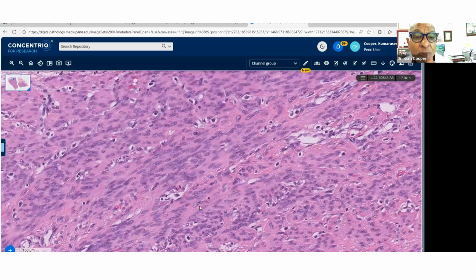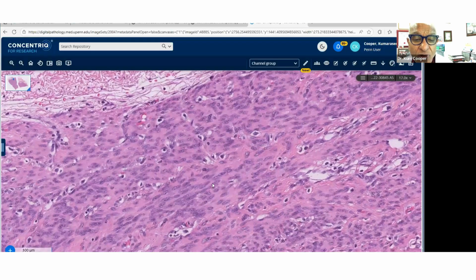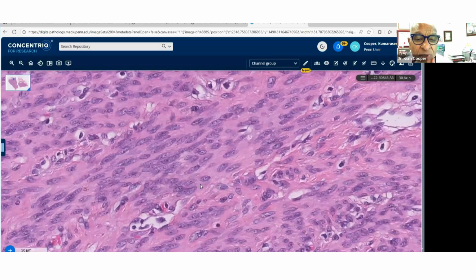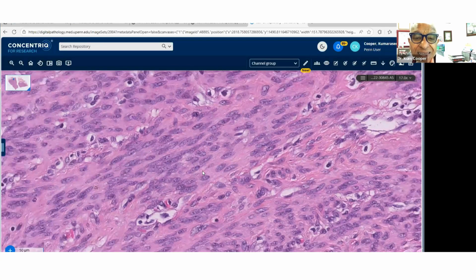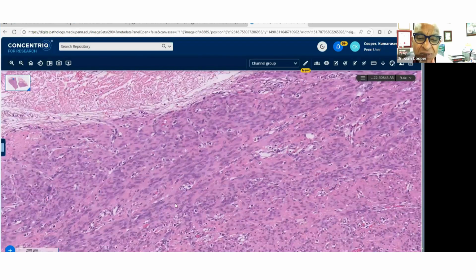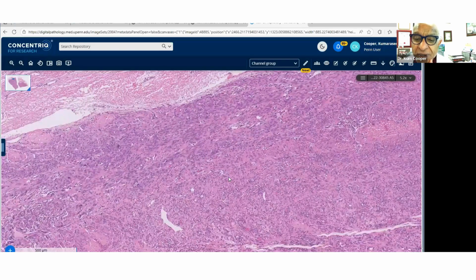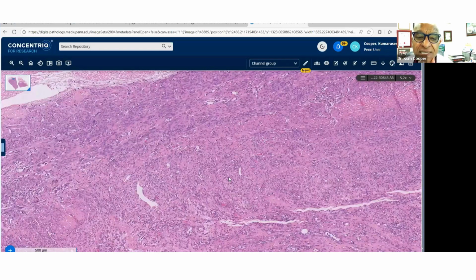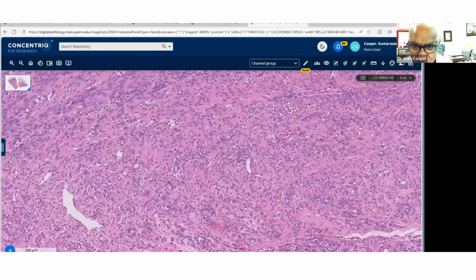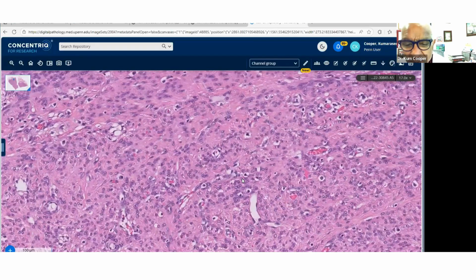But these nuclei look pretty uniform. I can share with you they have vesicular chromatin. Some of them have nucleoli. And as you can see on medium power, there's some sort of fascicular growth pattern. Here it's the same fascicle, but cut across end on, so they appear round rather than spindled.